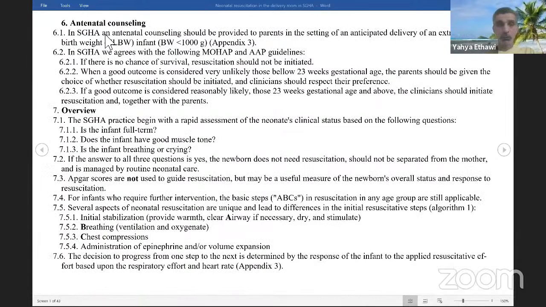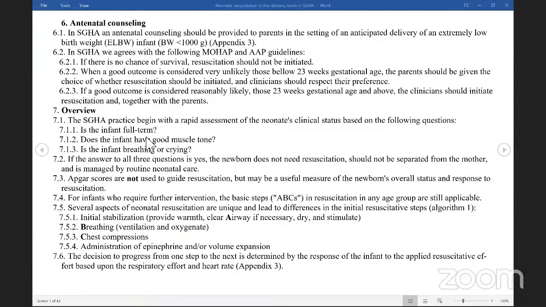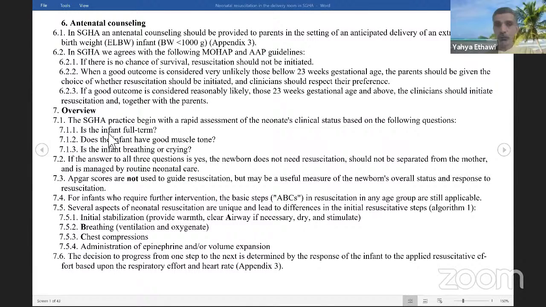We've talked also about the antenatal consult and the need for that to inform the parents, and also give them a written handout, which will increase their cooperation and decrease their complaints. An overview of resuscitation: the first 3 questions, when 10 years ago it was 5 questions.